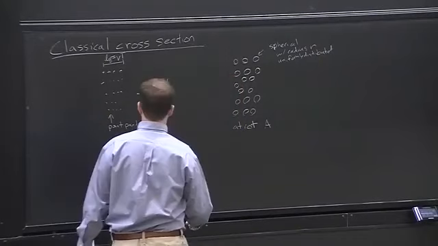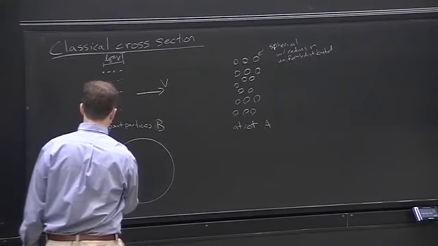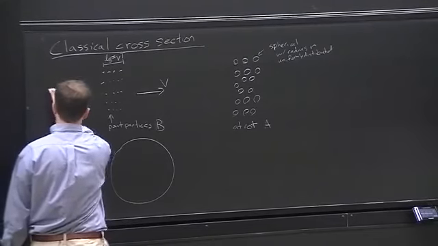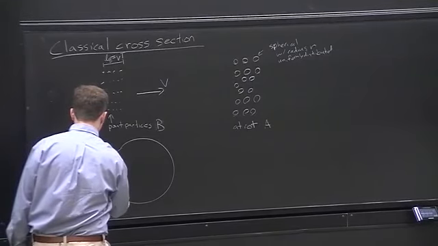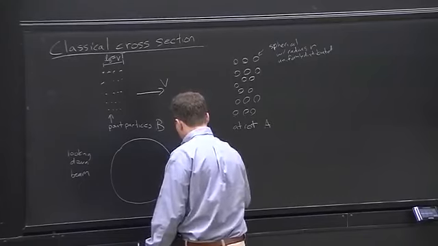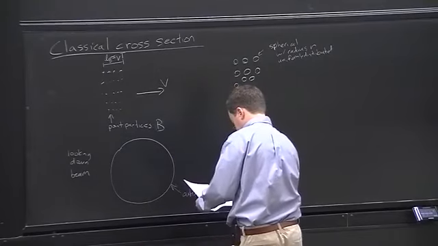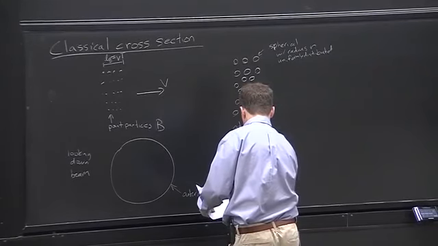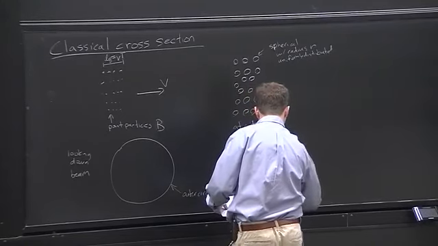So if we look down the beam, so if we look from this direction, let's assume that this outer circle has cross-sectional area A.